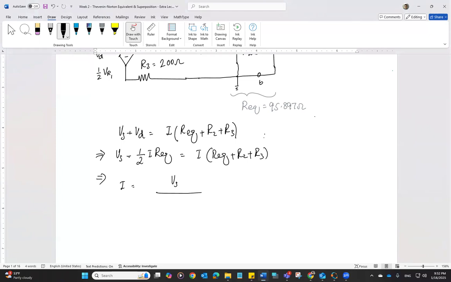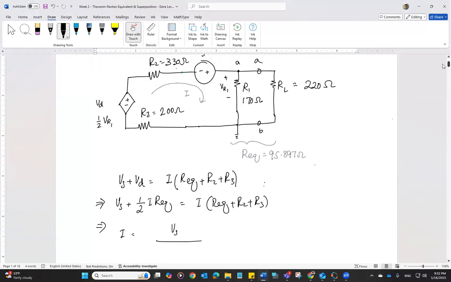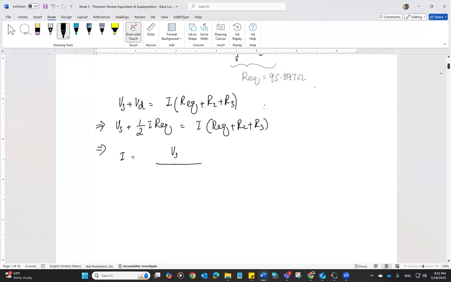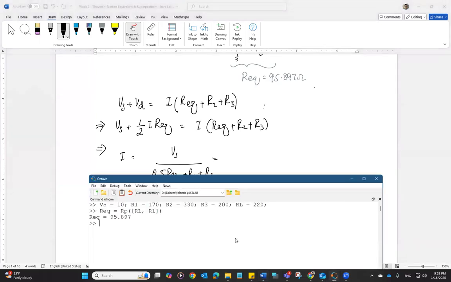That's going to be Vs plus, sorry, it's not minus, because both the voltage source and the dependent source are in the same direction, so the voltages will be added together. So I is equal to Vs divided by 0.5 times R equivalent plus R2 plus R3.